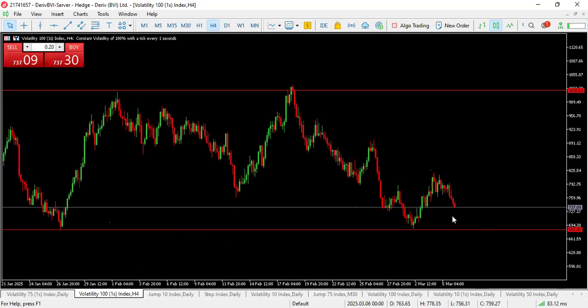But another way to buy when the market is on this zone, you have to draw your trend line. One way is to buy from here. That pays as well.